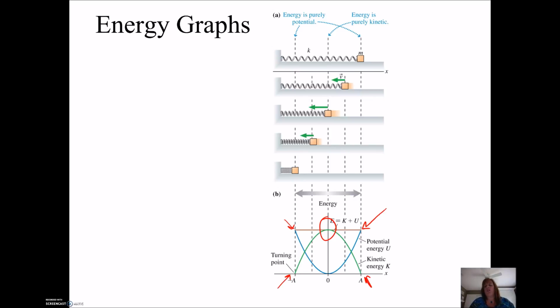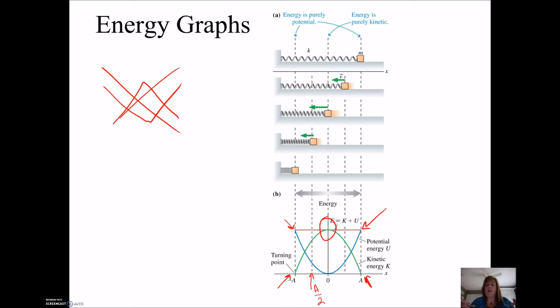Now, the really interesting thing is the way the graph is shaped. It's not like I just have a graph that looks like this. Notice it's not a linear change as the spring oscillates. Notice it's a parabolic shape. So when I'm at the amplitude over 2, I don't have half kinetic energy and half potential energy.